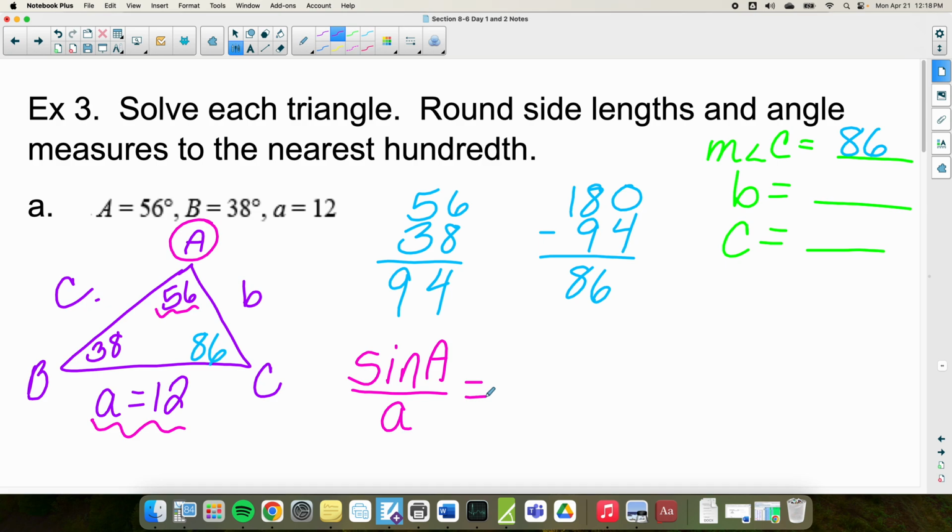And then for the other two sides, I would choose which one I want to find first. I'm gonna just do B first, so that would equal sine of B over little b. So you always have a proportion like that, okay?